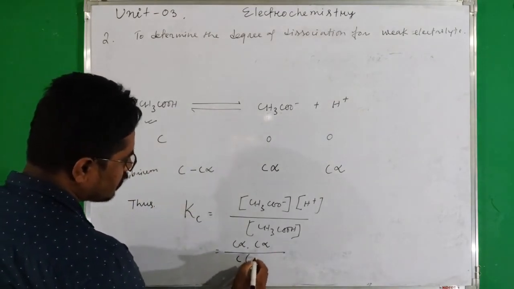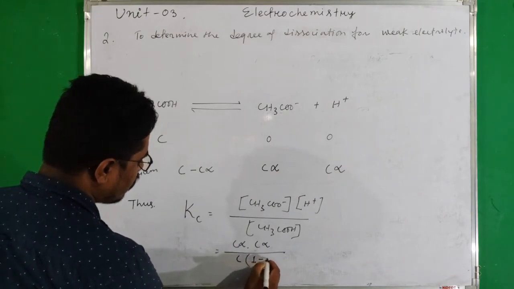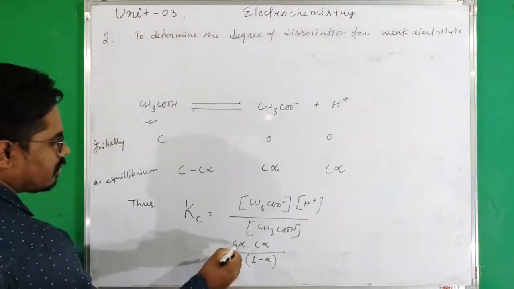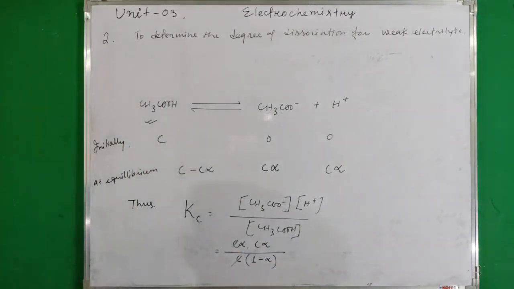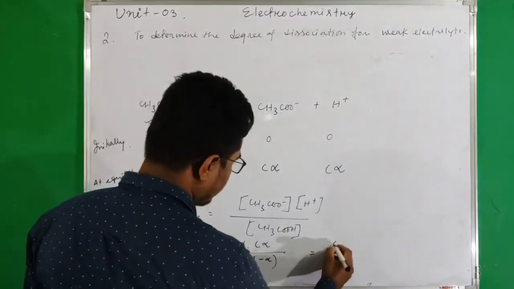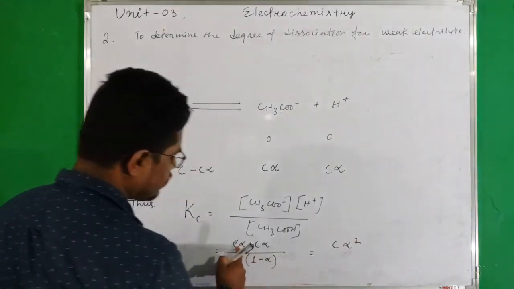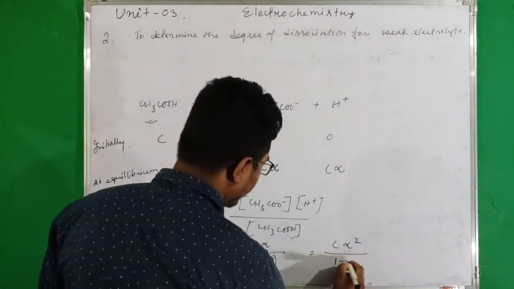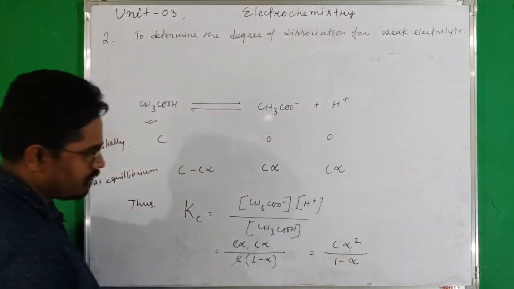When we take C as common, the result is C into (1 minus α). Then one C will cancel with another, and the result is Cα² divided by (1 minus α).